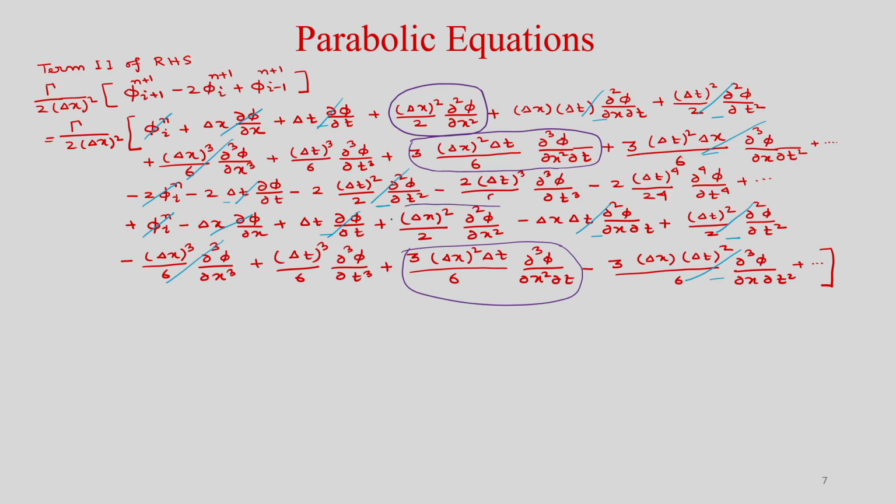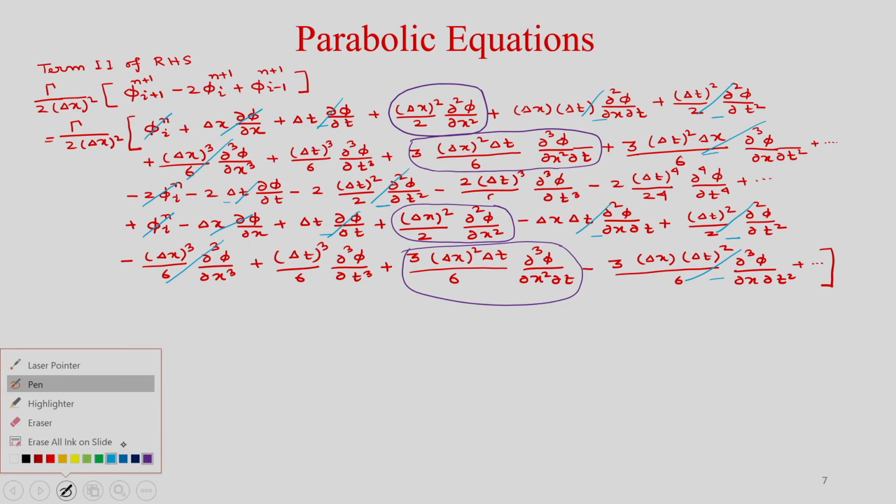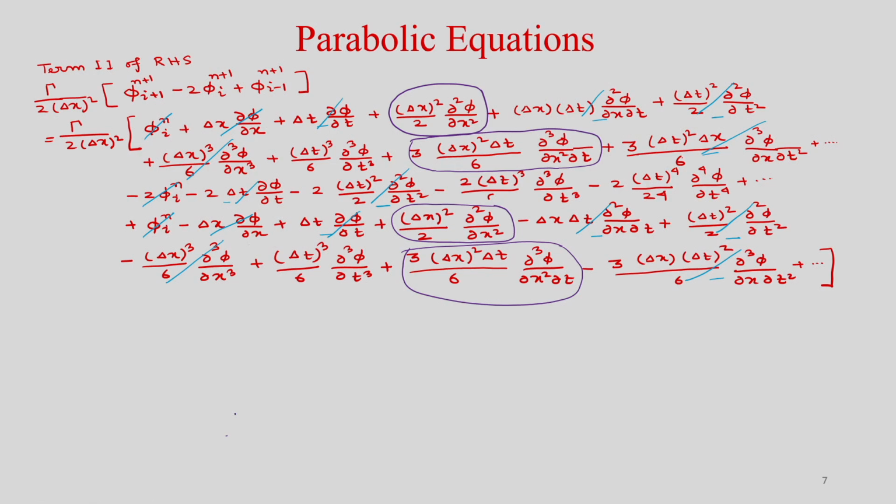So this term, and you can see this term also will get cancelled out. You can see this is your 6 actually. So this term, this term: it is 2 into this term and it is minus 2 into this term. So this will get cancelled out. Now you can see these are the 4 terms remaining from this expansion.